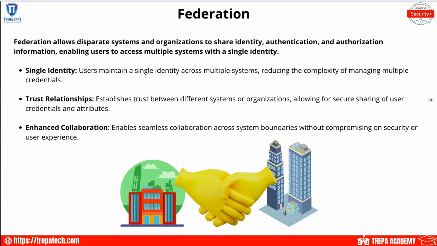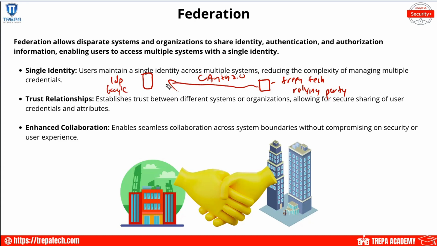So a lot of words to say, like when you log into trepatech.com, we have my website, Trepa Tech. I would be the relying party. And we're going to use something like OAuth 2.0, a federation protocol or single sign-on protocol as well, with the identity provider of Google to allow you to sign in to our site, okay?